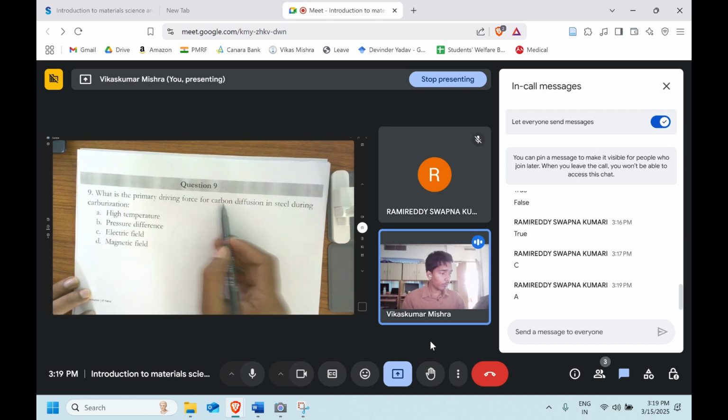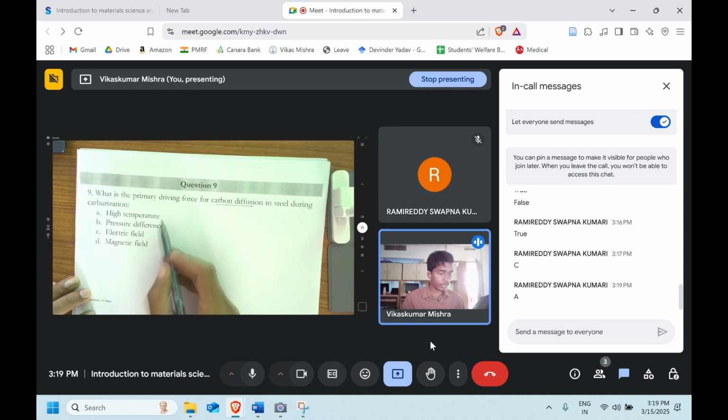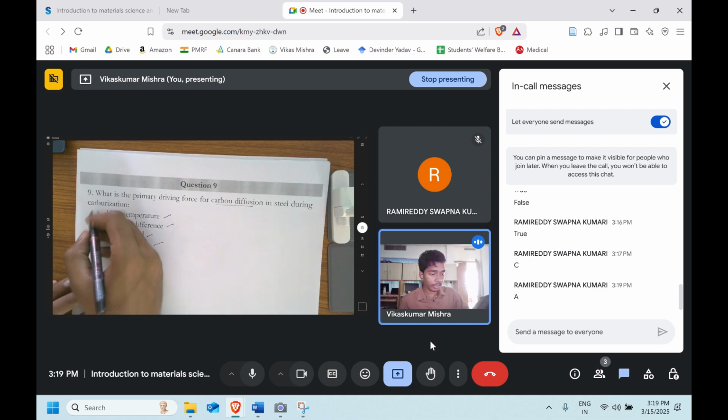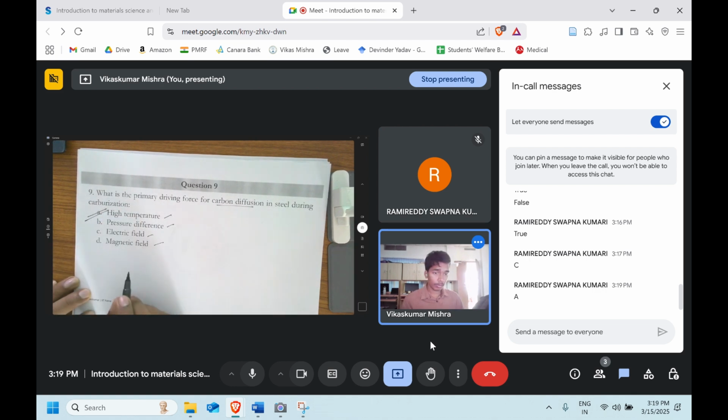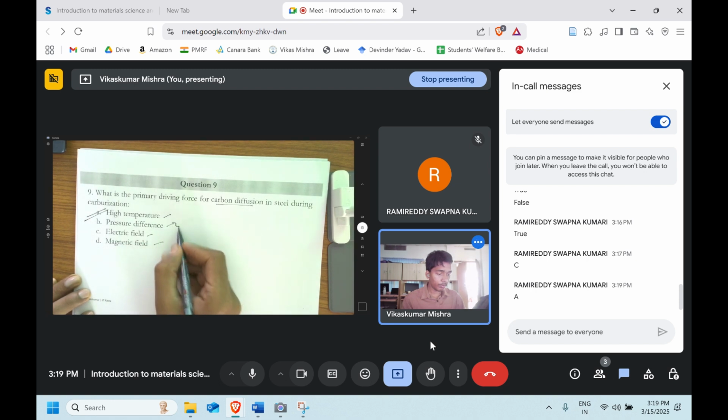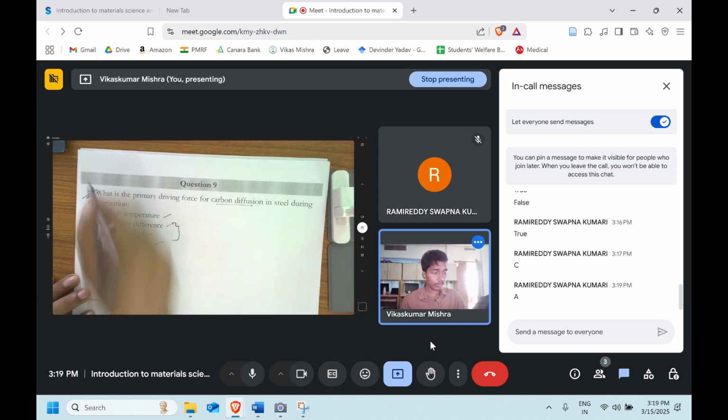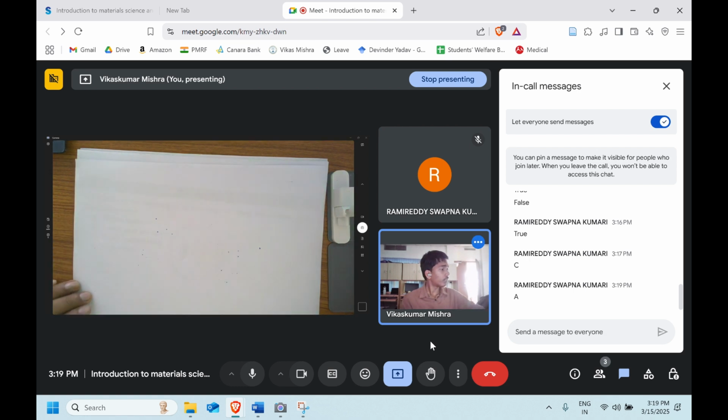So, what is the primary driving force for the carbon diffusion? Is it the temperature, pressure, electric field, or magnetic field? Very good. It's the temperature. During carburization, we are not talking about the pressure difference, neither the electric field nor the magnetic field. Let's move ahead.